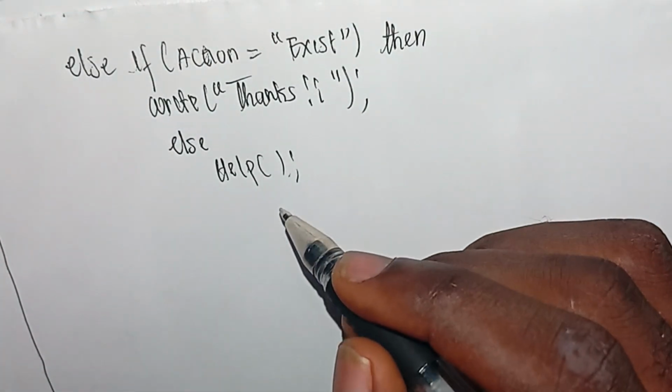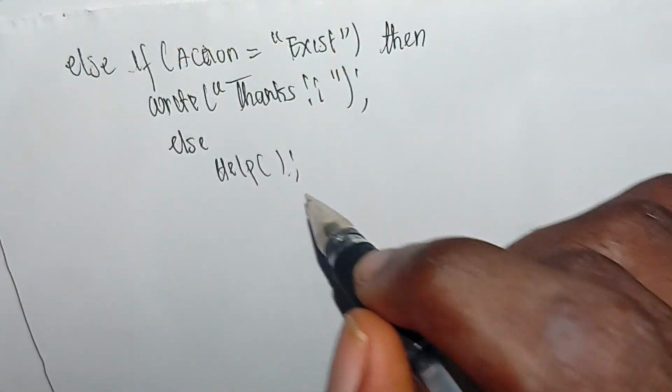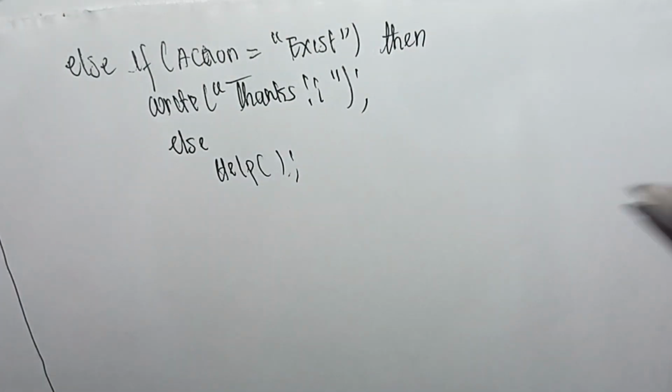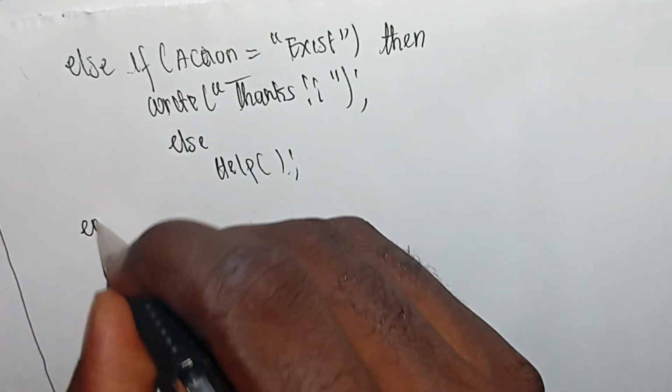So we see that using a procedure enables us to write this code on the screen as many times as we need without actually having to write it as a programmer. This is one of the advantages of using procedures and functions. So we want to end our if.